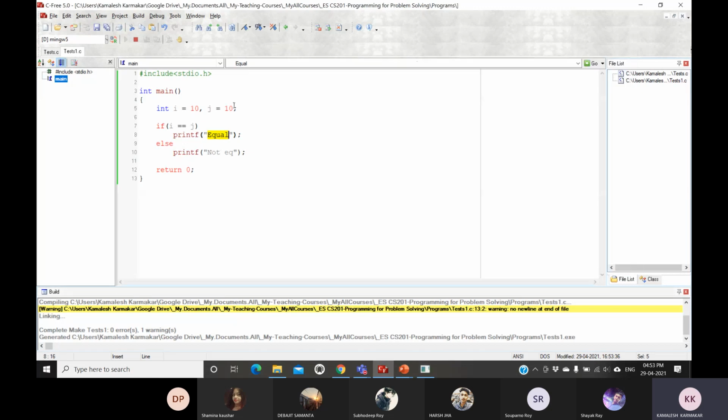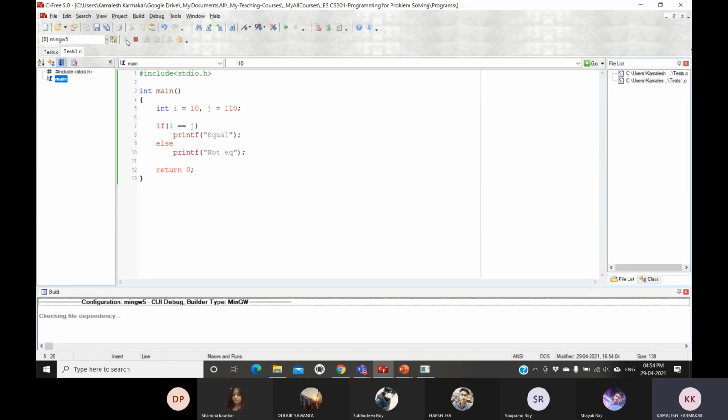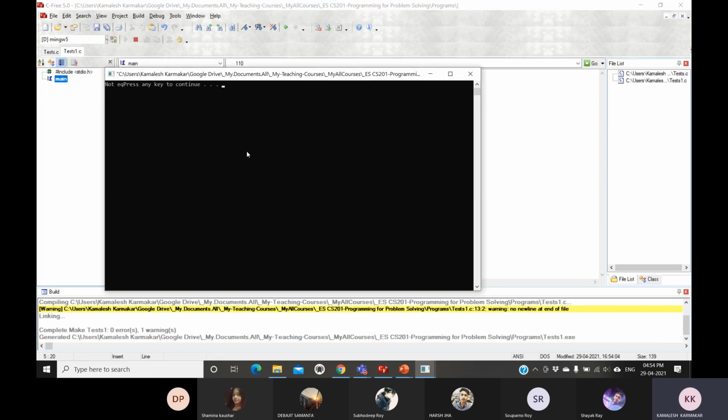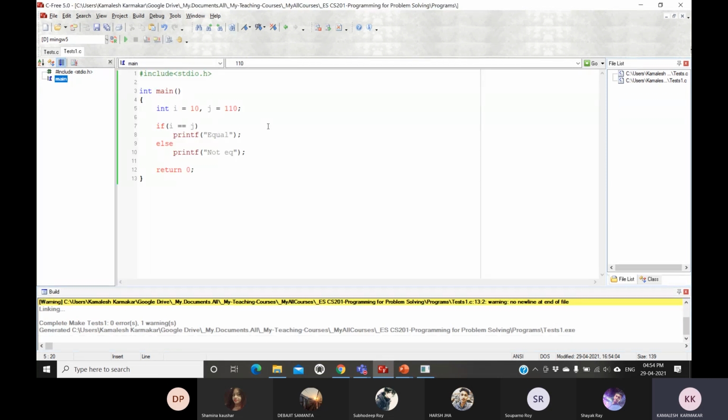If I change the value of i or j so they differ, what will be the value? Here, it will print not equal.